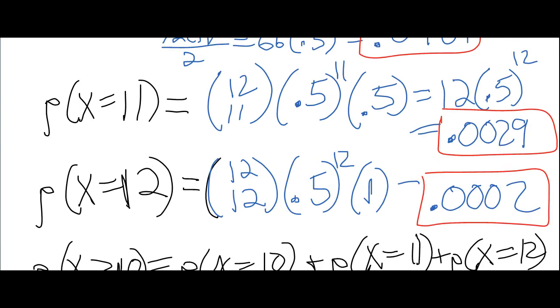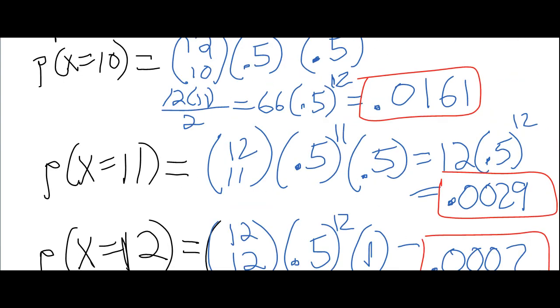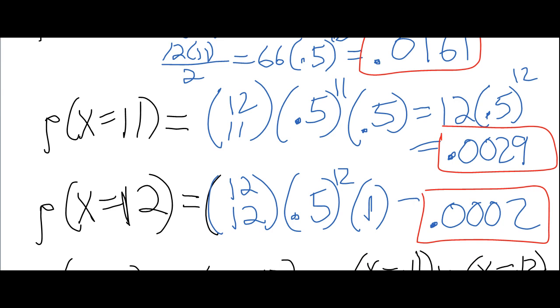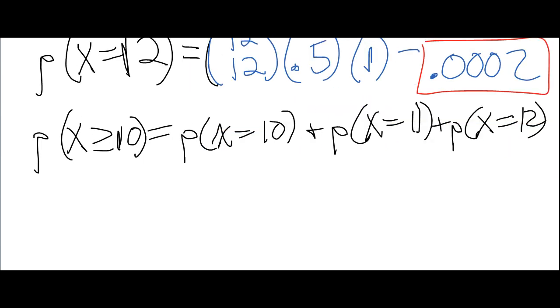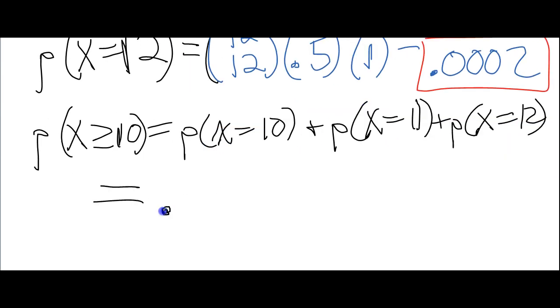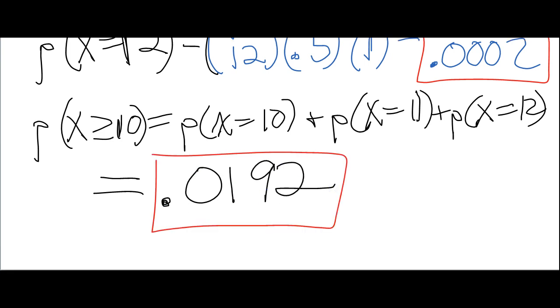And so I'm going to add up those probabilities, 0.0161, 0.0029, and 0.0002. And I get 0.0192. Okay, so what does the 0.0192 mean? That is our p-value.